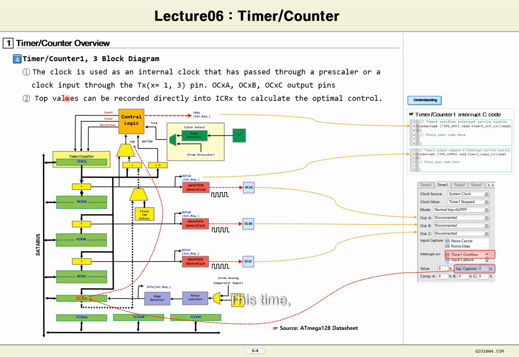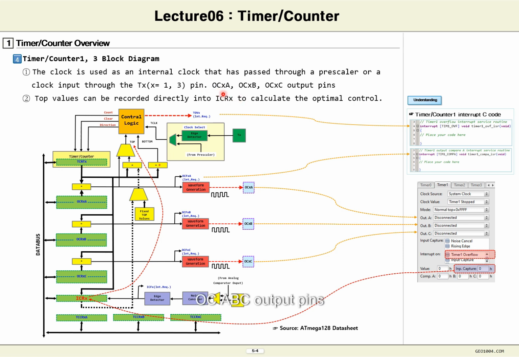This time, we will look at the block diagram for timer counters 1 and 3. The internal clock is used as a clock. And, as you can see here, TX can be used by using the clock input through numbers 1 and 3, as the clock passes through the prescaler.